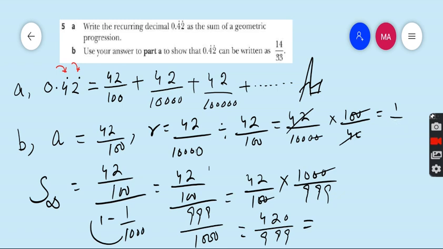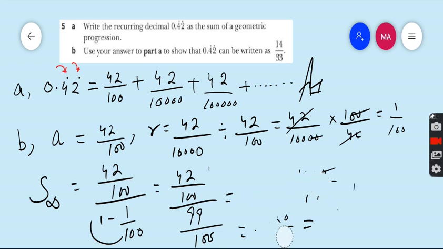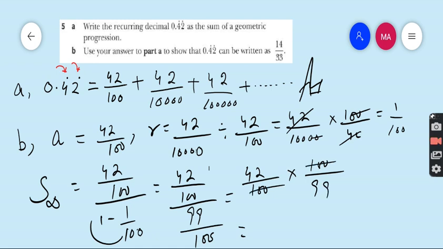The answer is 1 upon 100, not 1000. This is my mistake. 1 upon 100. So 1 minus 1 upon 100 is 99 upon 100. So 42 upon 100 upon 99 upon 100. So I am doing this little work again. 42 upon 100 multiplied by 100 upon 99. 100 cancels by 100. The answer is 42 upon 99.